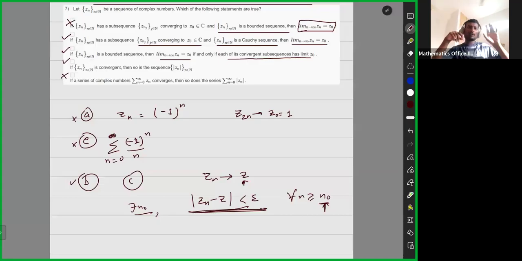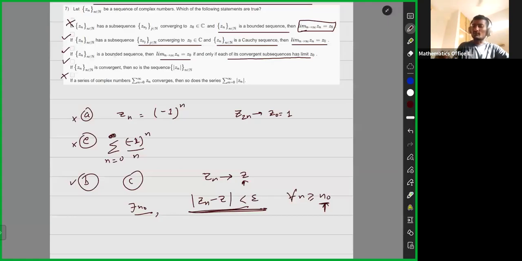Because if you assume one side, Zn goes to Z, this means it is convergent, and convergent sequences are bounded. If you go to the other side of the equivalence, each convergent subsequence has limit Z0. If it was written that every subsequence has limit Z0, then it would have been fine.